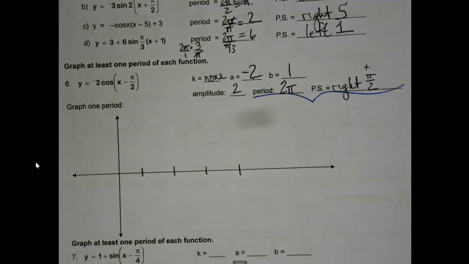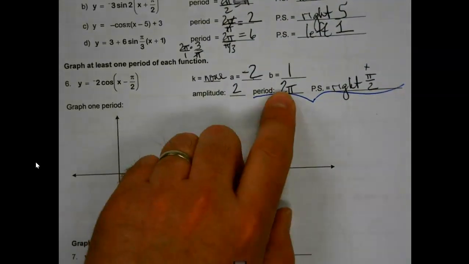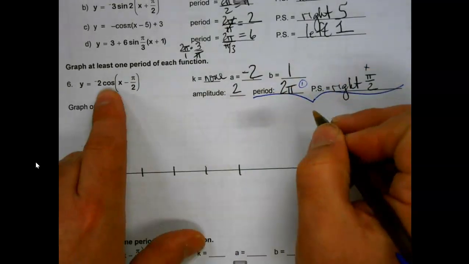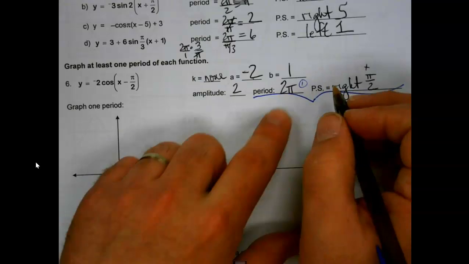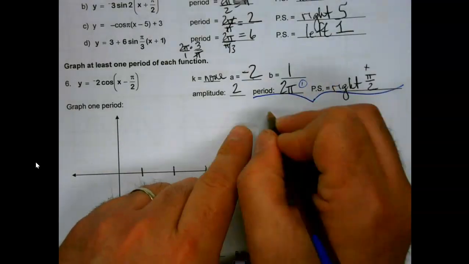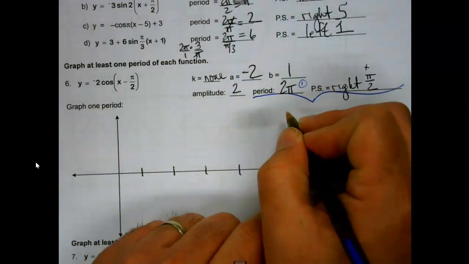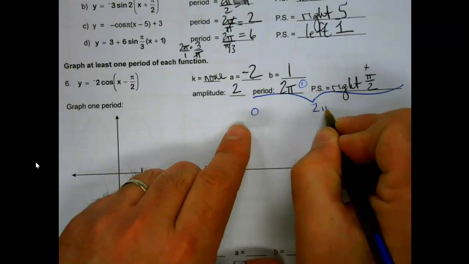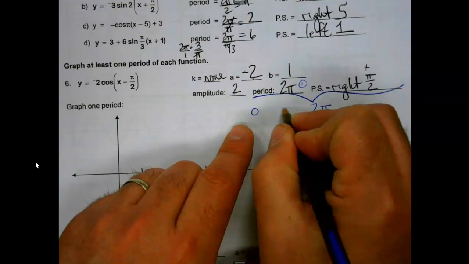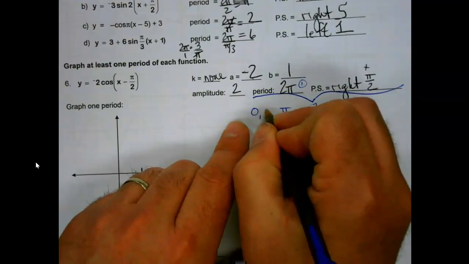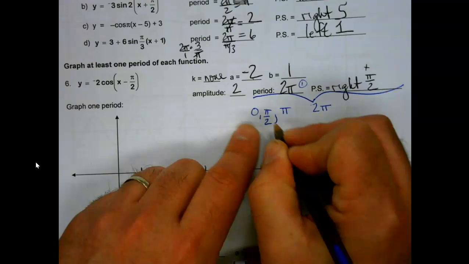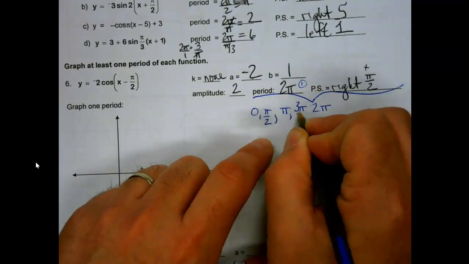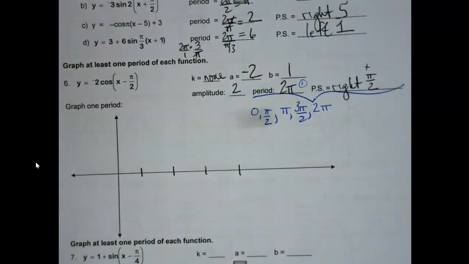Okay, so if this was going to be my regular period, it's a cosine graph. So at least hopefully we know at this point, we'd start at 0, we'd go to 2 pi, halvesies, middle: pi over 2, 2 pi over 2, 3 pi over 2, 4 pi over 2.